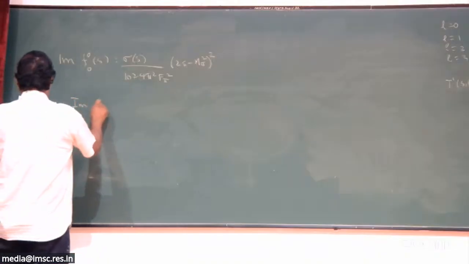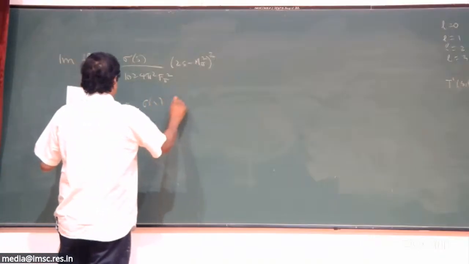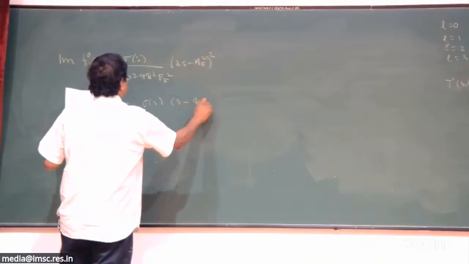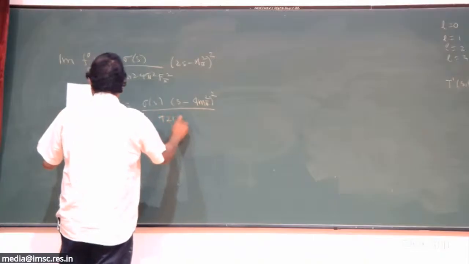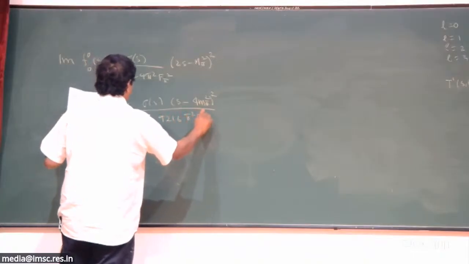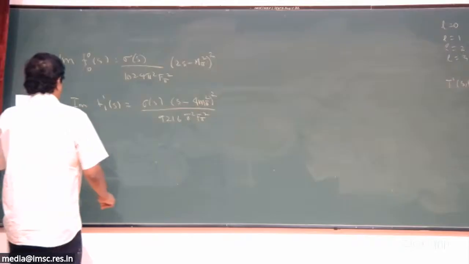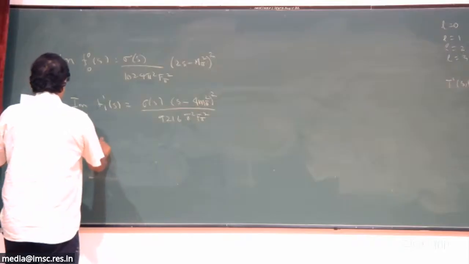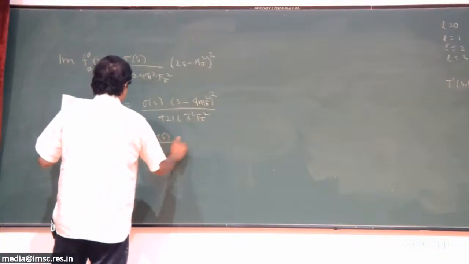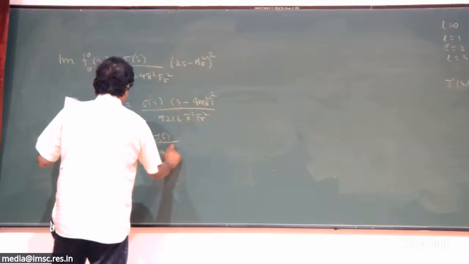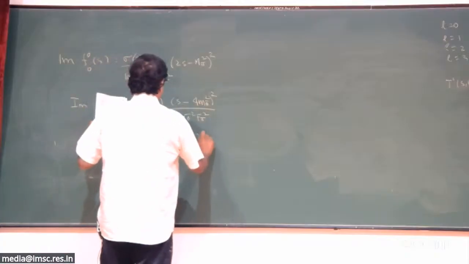Then the imaginary part of f11(s) is again sigma(s) times (s minus 4m_pi squared) divided by 9216 pi squared F_pi squared. Then the imaginary part of f20(s) is sigma(s) times the same 1024 pi squared F_pi squared times (s minus 2m_pi squared).